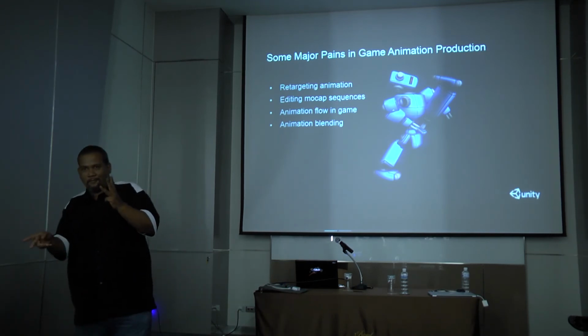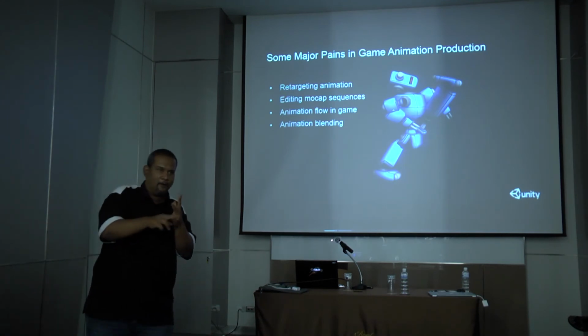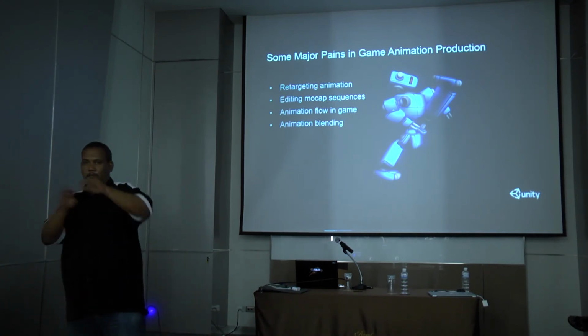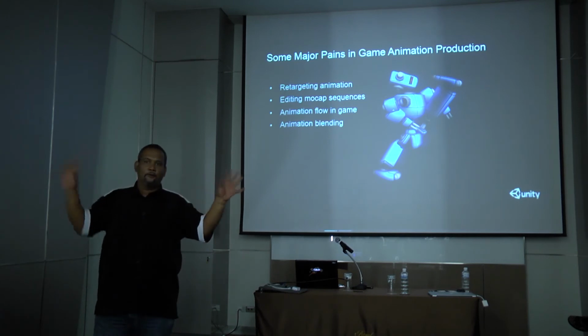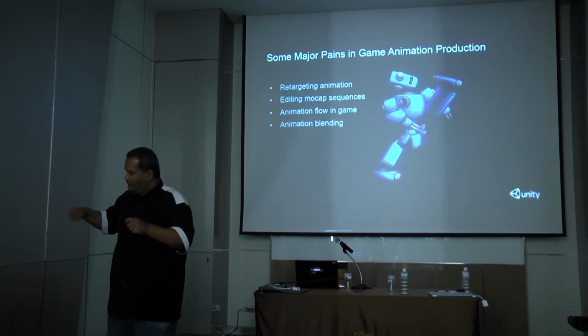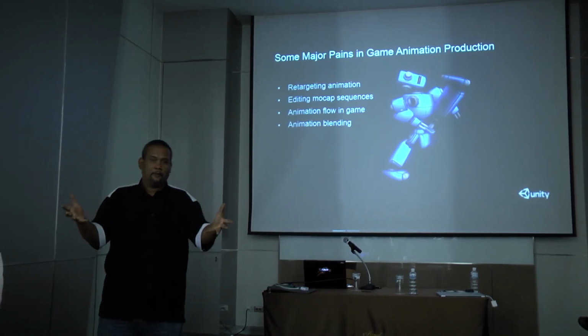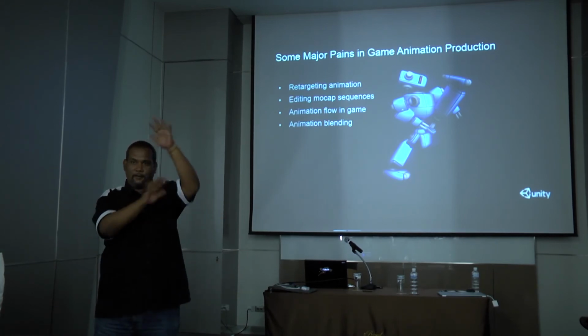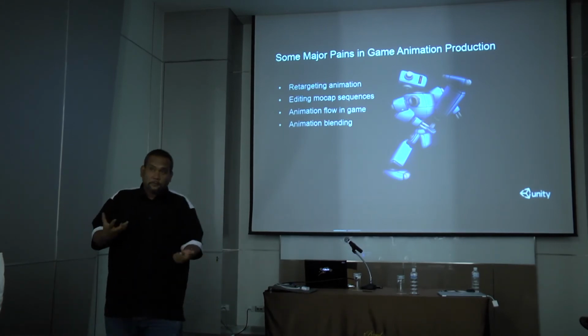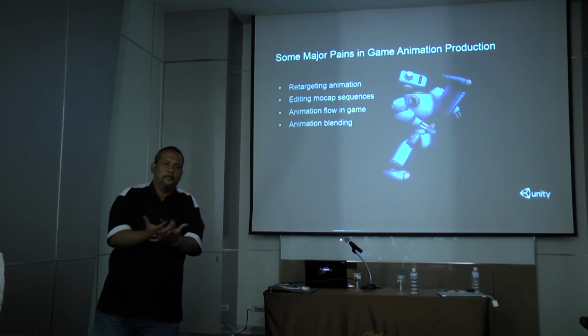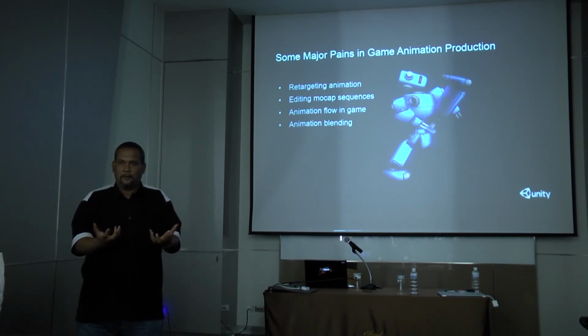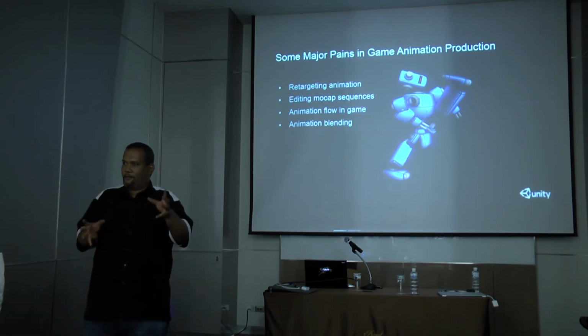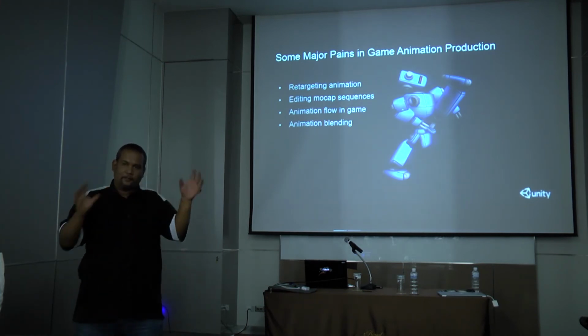And from running state, if he gets hit, he needs to fall. If he does a different action, he needs to blend this. So suddenly you get this huge confusion that the artist writes down and gives the programmer, and the programmer's like, okay, what do I do with this code? But you need the artist to do it, because they have to understand how the animation looks, where things go, and how it works.